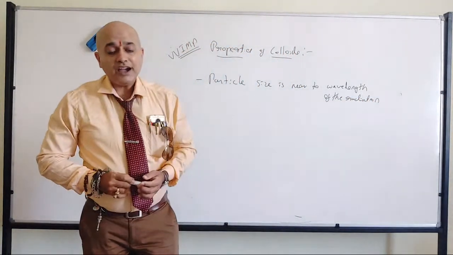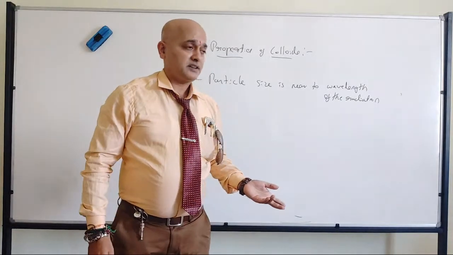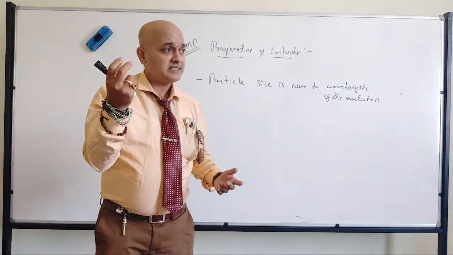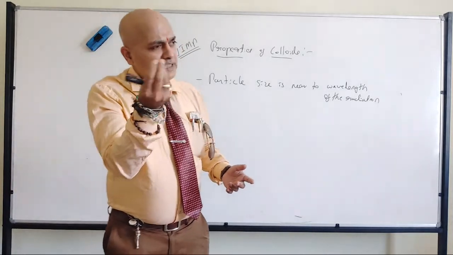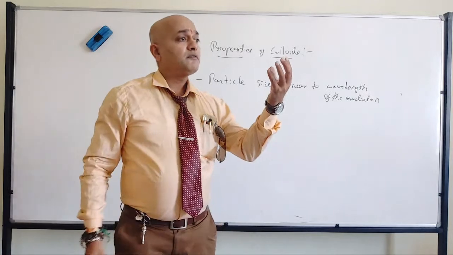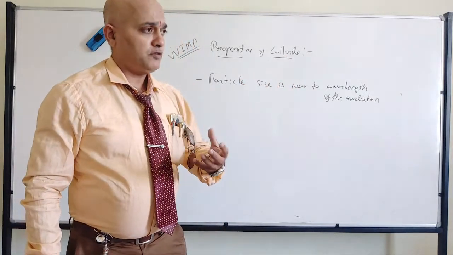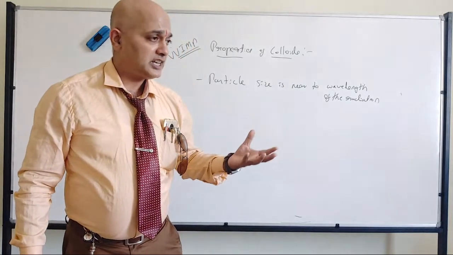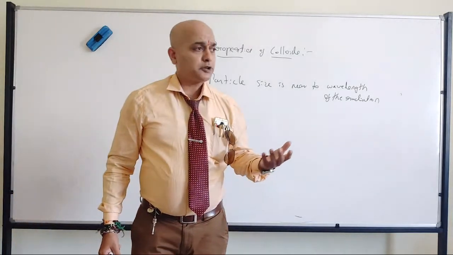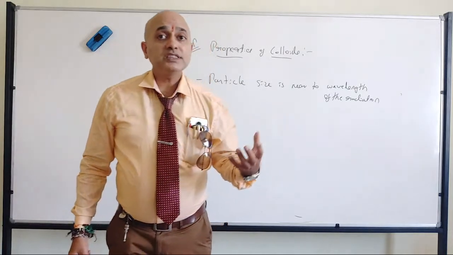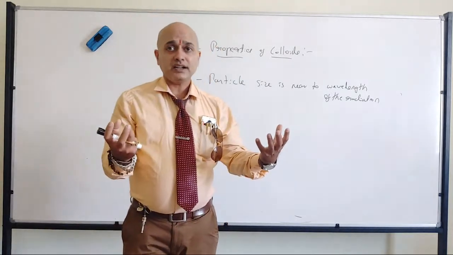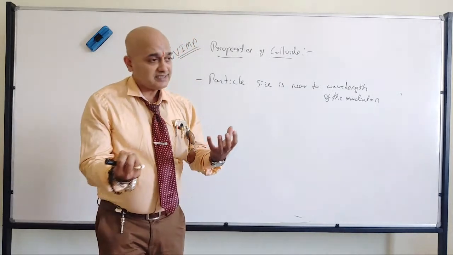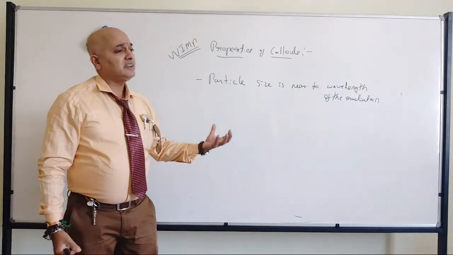That's why we can have the Tyndall effect with a colloid solution: the particle size is near to or a bit less than the wavelength of the radiation you are using, that is visible radiation. Sunlight is enriched with visible electromagnetic radiation. With respect to that wavelength, the particle size will be almost the same or slightly lesser. That's why they show the Tyndall effect.